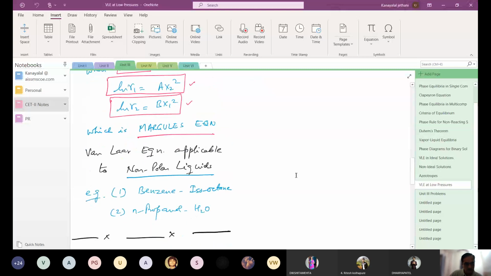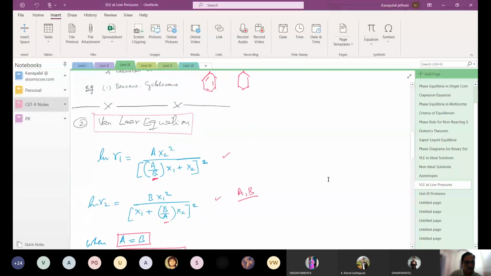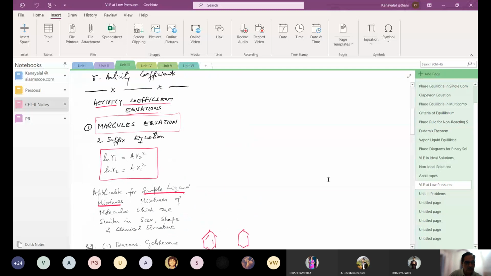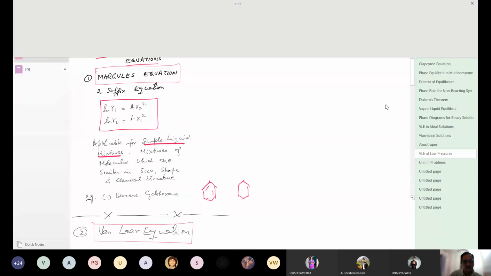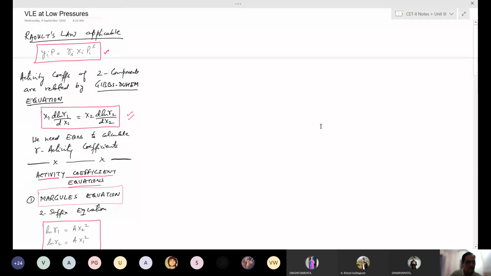Right, so we saw the Margules equation. Do you remember the Margules equation? Van Laar equation, we saw all these last week. And then we said how do we use this for our calculations.